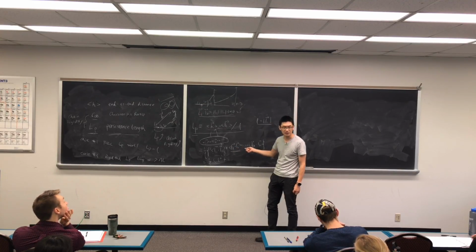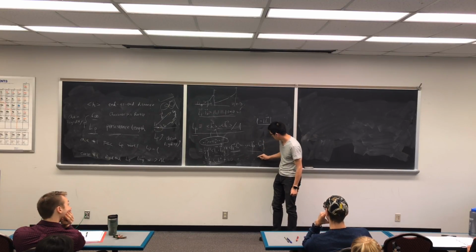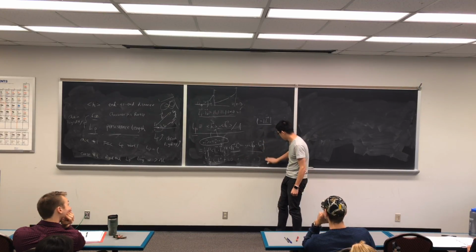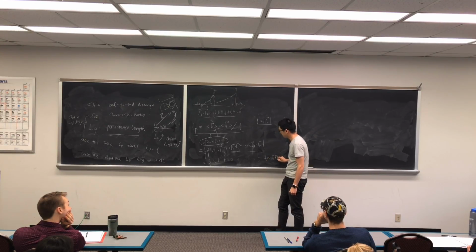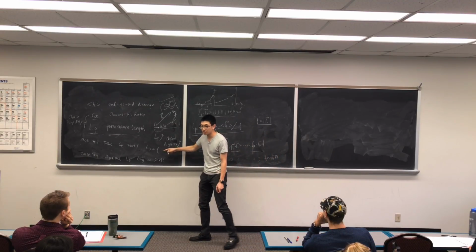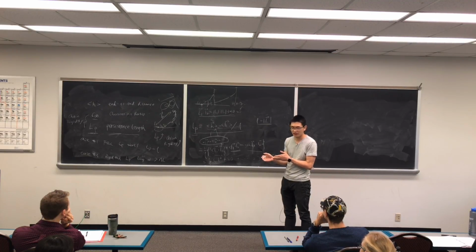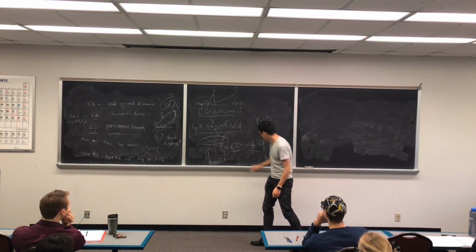So the rest will be 0 for a free rotation chain. And you can see for a free rotation chain, your persistence length is just going to be the same as the value of L.